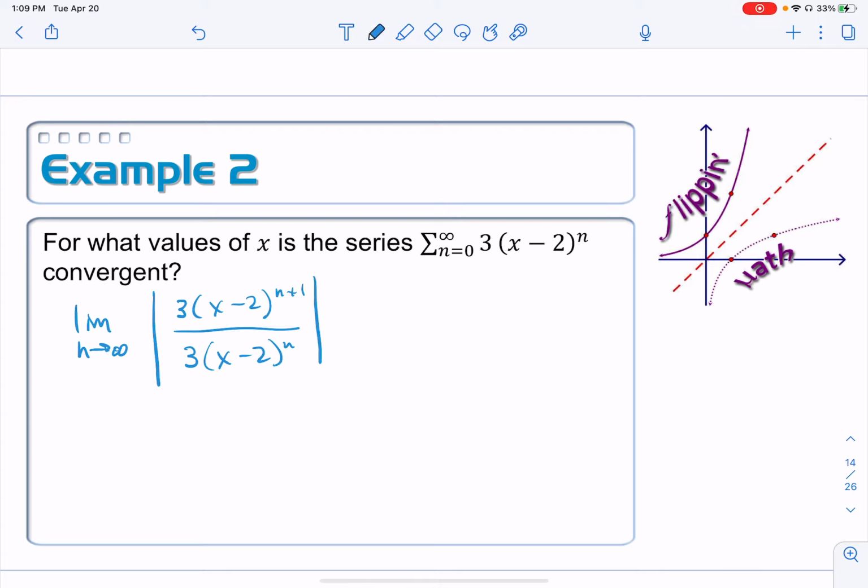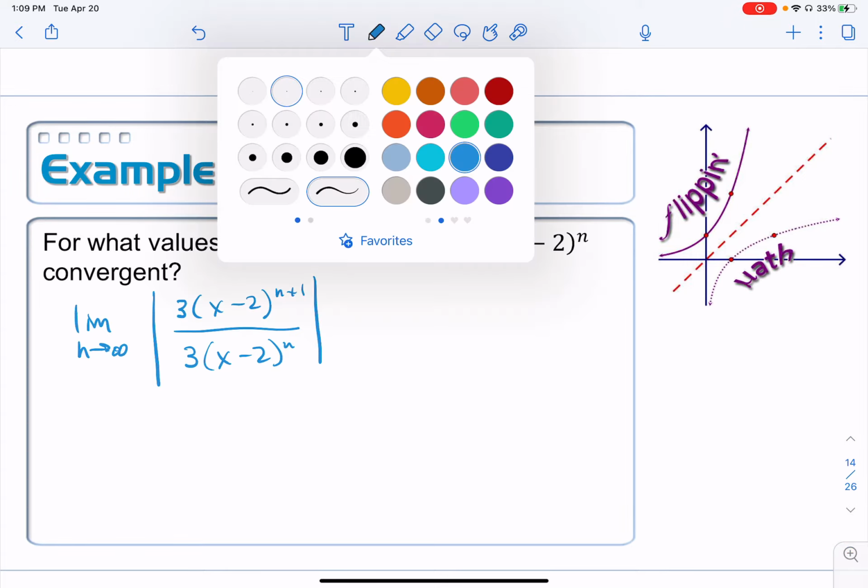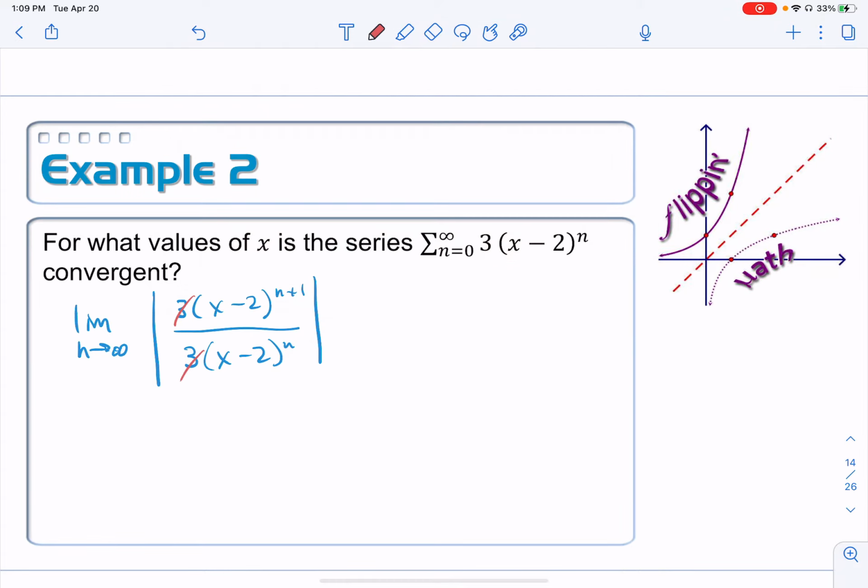I said term, but I meant power. And then cancellation, boom, boom, right? And then this is just like I did before. These are the same base, x minus 2, and we just subtract the exponents, and we're left with one factor of x minus 2 up top.